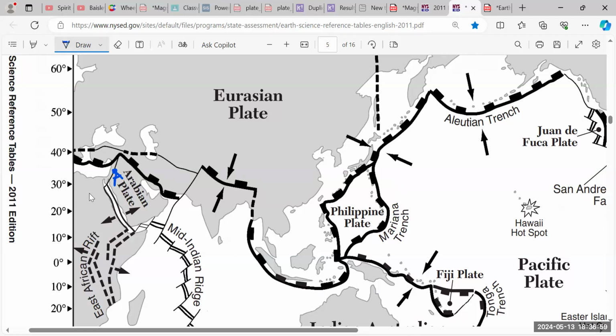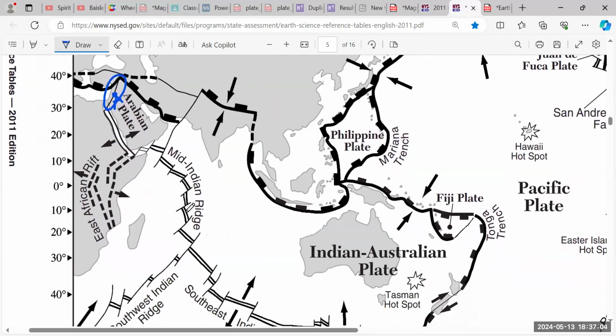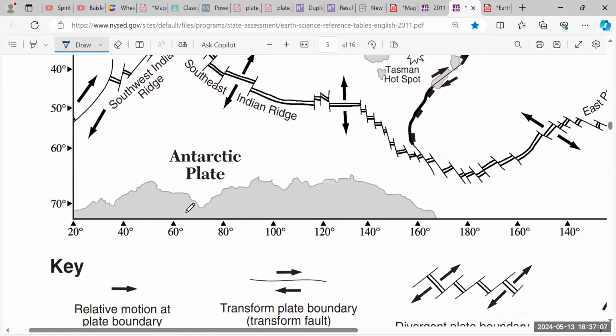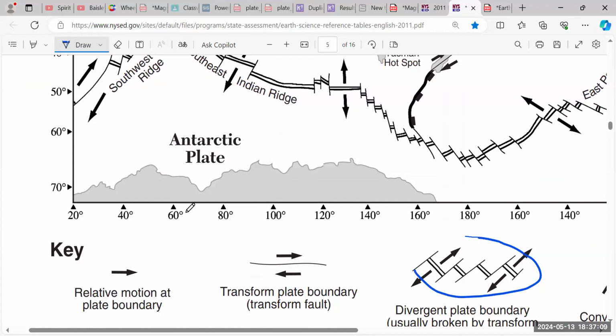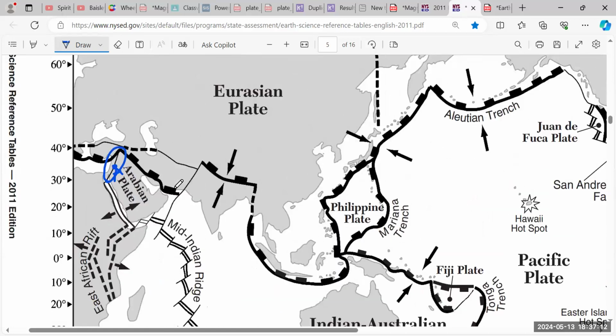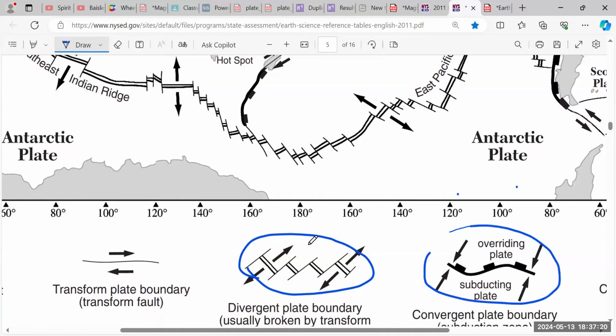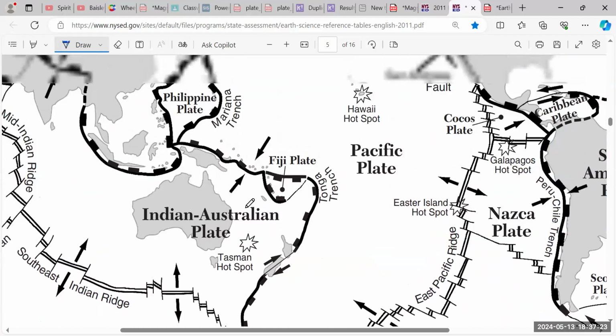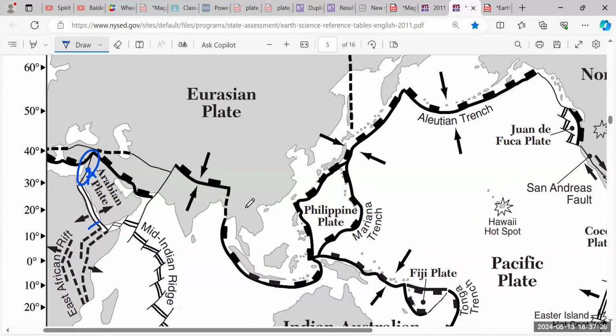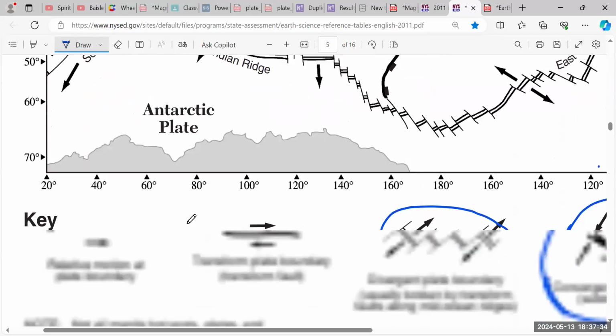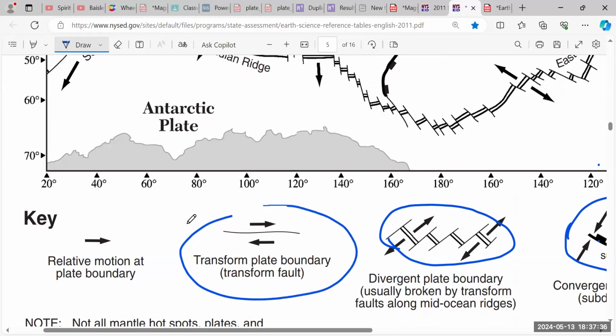And so point A would actually be located right here. Now, what's interesting is that I have to look at this line and what symbol it mostly reflects. So that single line, does it reflect a divergent plate boundary, where it's a double line as we see here? Nope, it's not a divergent. What about convergent plate boundaries, where we see the symbols of boxes? Do we see that there? Not at point A. We see it in other areas, but not at point A. This single line, honestly, matches up with the transform plate boundary.